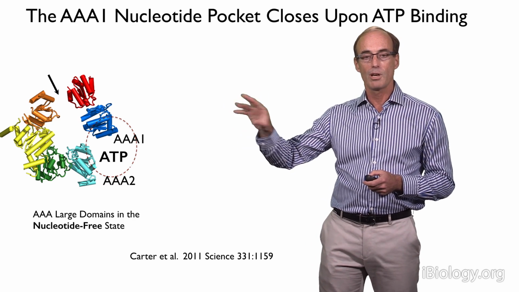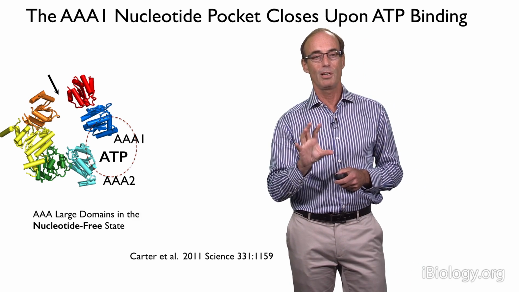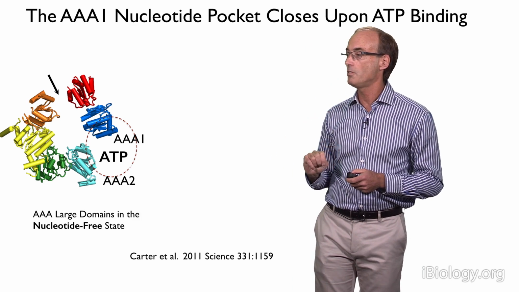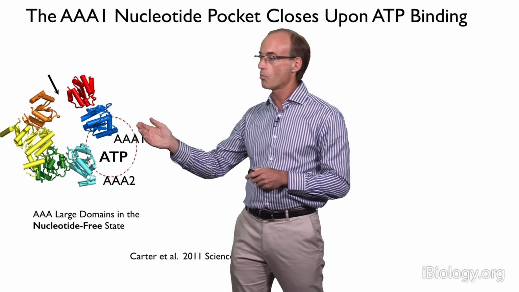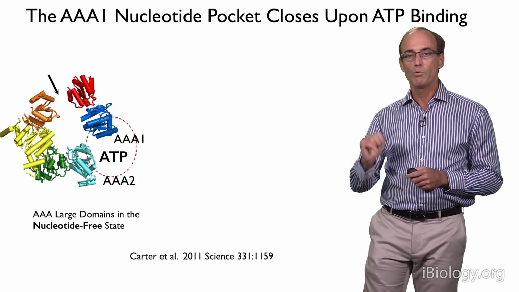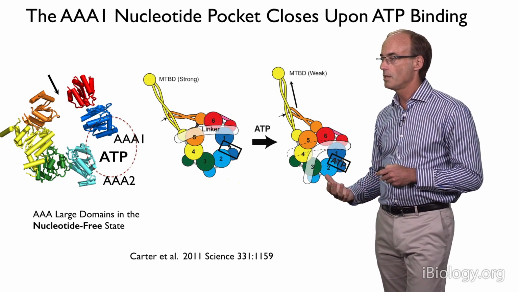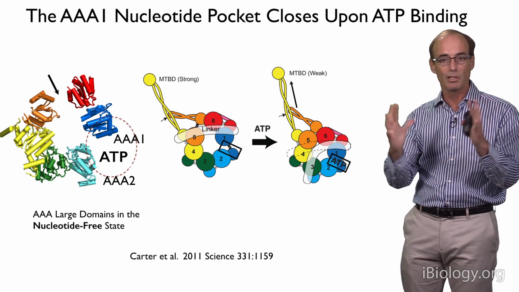binds and drives motility. But we know from other AAA ATPases that for ATP to be hydrolyzed, these two domains, AAA1 and 2, have to come closer together, because there are residues that contribute to hydrolysis both from AAA2 and 1. So we speculated, although we just had one nucleotide state here, that what may happen in dynein motility is that in the nucleotide-free state there's a large gap, but when ATP binds, that gap closes.